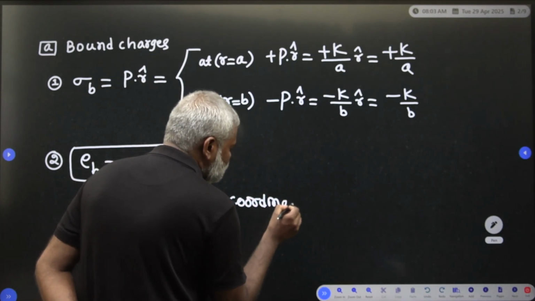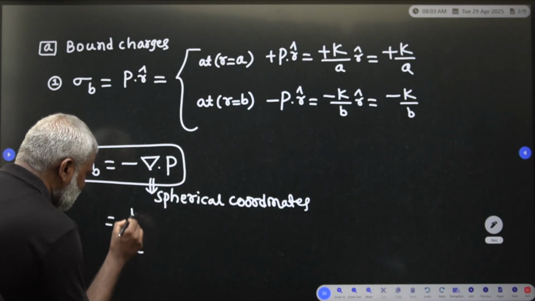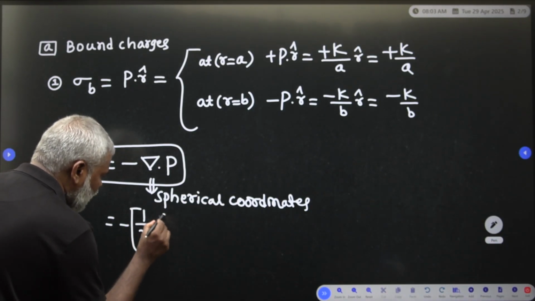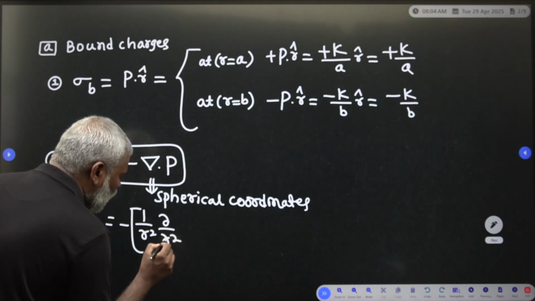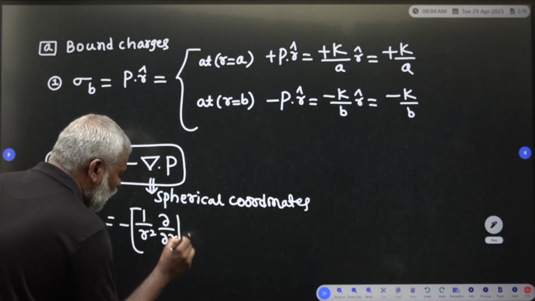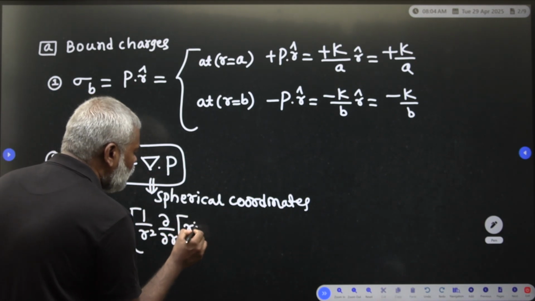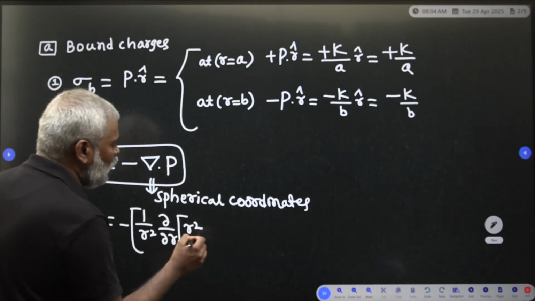What is the divergence in spherical coordinates? Minus 1 by r square into dou by dou r of r square into P.